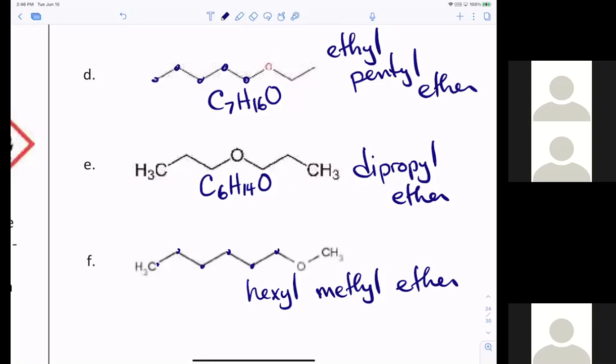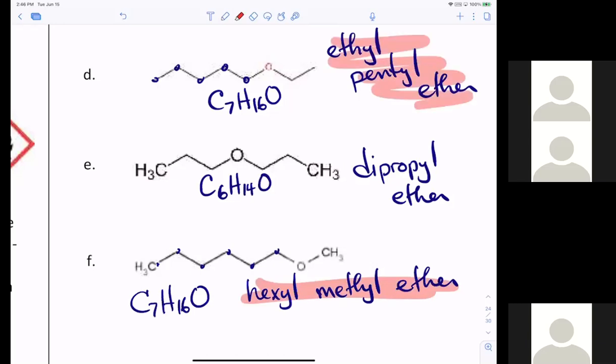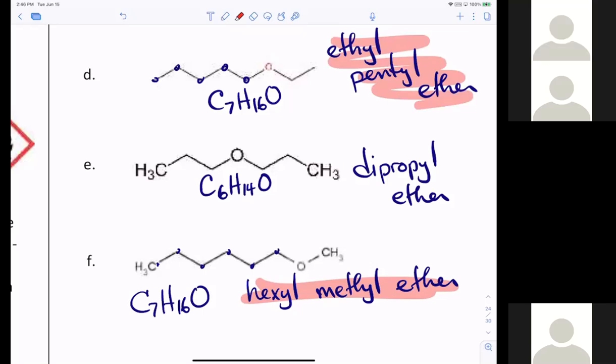Hexyl methyl, that's going to be 7. So C7H16O. And then you notice that that one and this guy are what? D and F. Are they structural isomers? They are. And in addition to these 2 ethers, you could also make a whole bunch of alcohols with C7H16O, couldn't you?